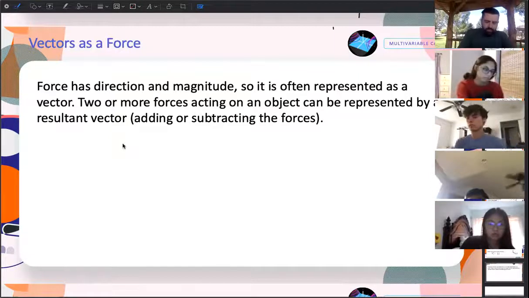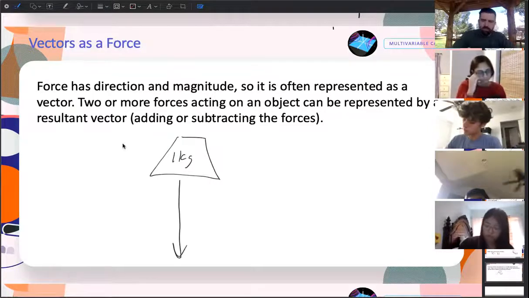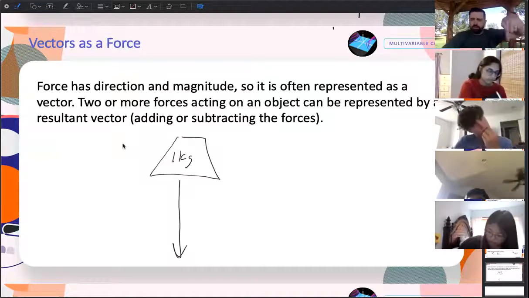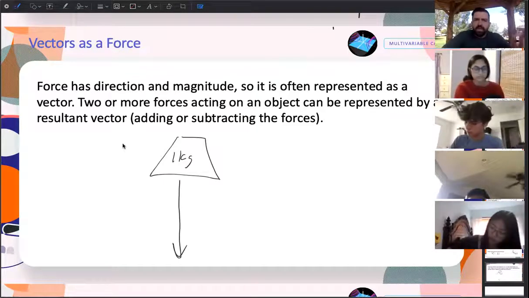So like if you had a weight, well then gravity is pulling down. The magnitude would be that 1 kilogram. The direction would be negative pi over 2 radians or whatever. We're going straight down. And then you can pair up forces and use things like vector addition and subtraction to figure out how that's affecting a situation.